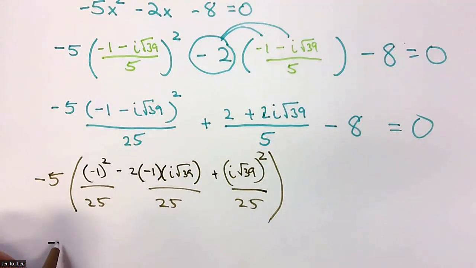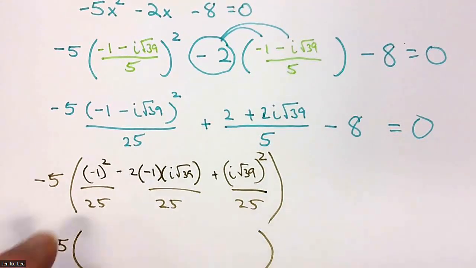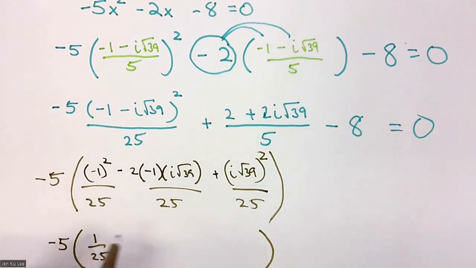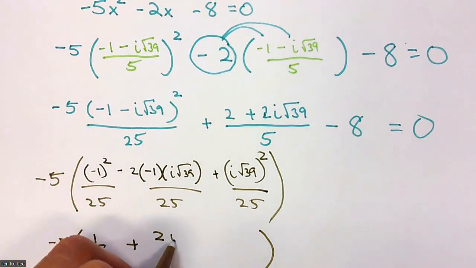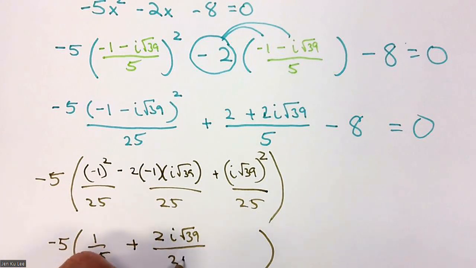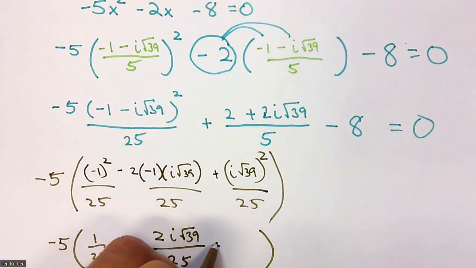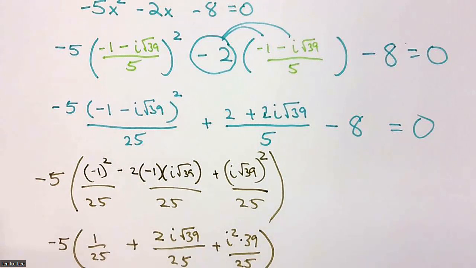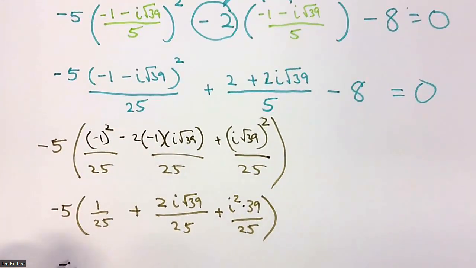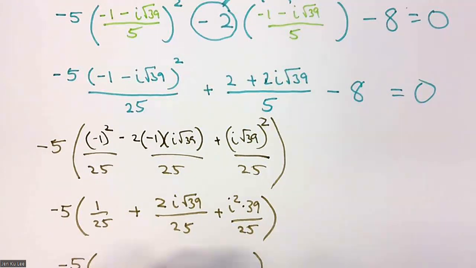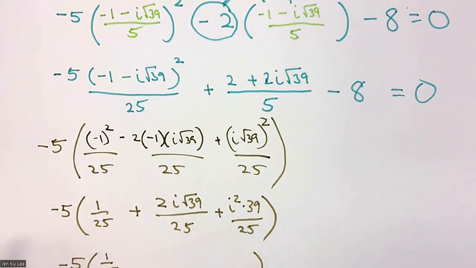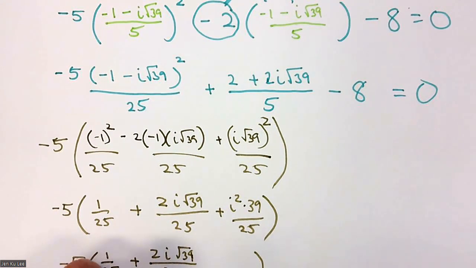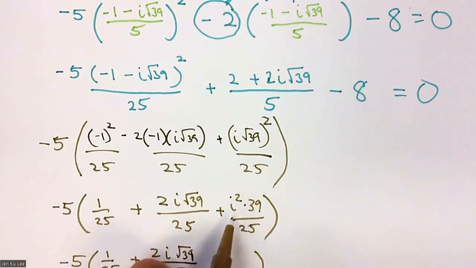I feel the questions already in the air. Negative 5 times negative 1 squared is 1, so that's 1 over 25 plus 2i square root of 39 over 25, plus i squared times 39 over 25. I squared is negative 1, right?